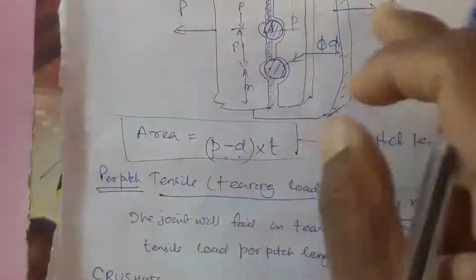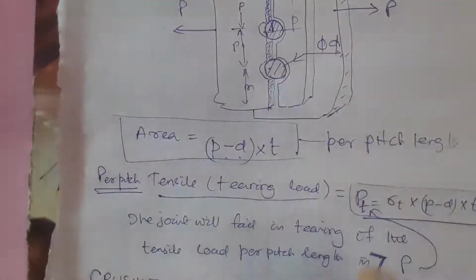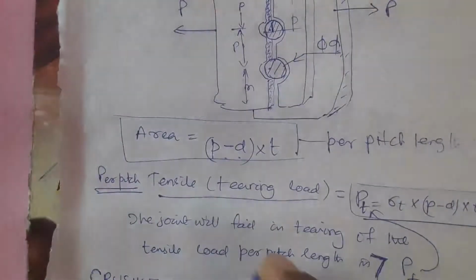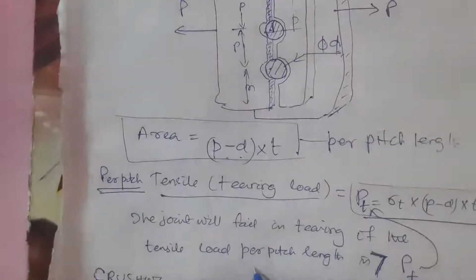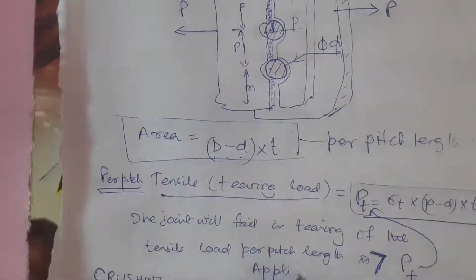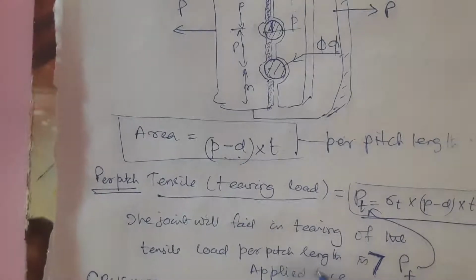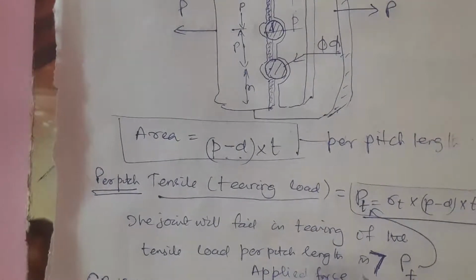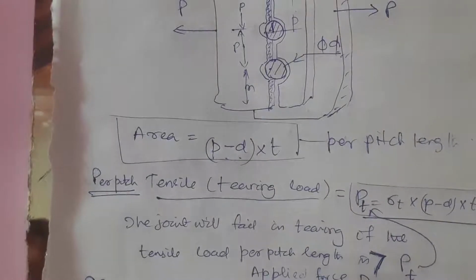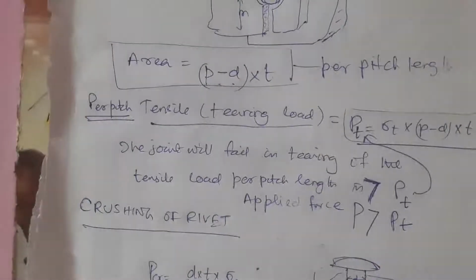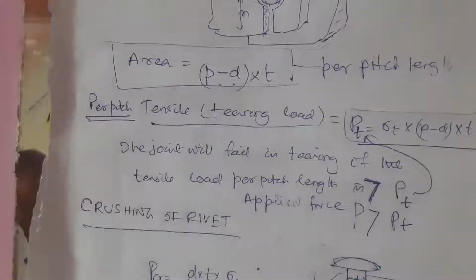If the force applied P is greater than this, then the failure will happen. The joint will fail in tearing if the applied force P per pitch length is greater than Pt. So we have discussed the tearing of the plate at the section weakened by the rivet holes.